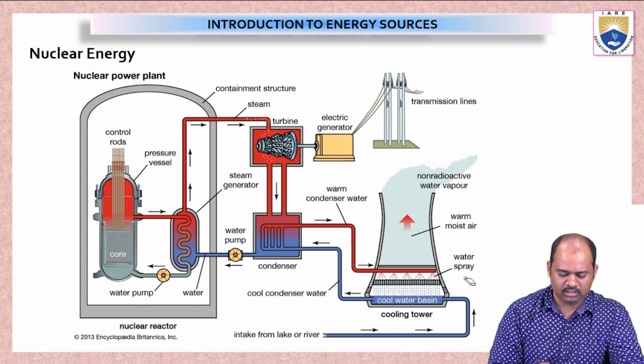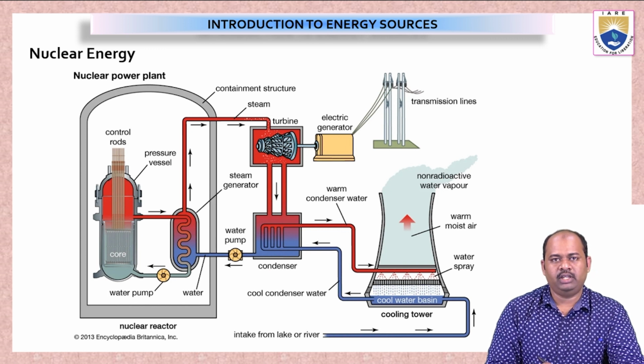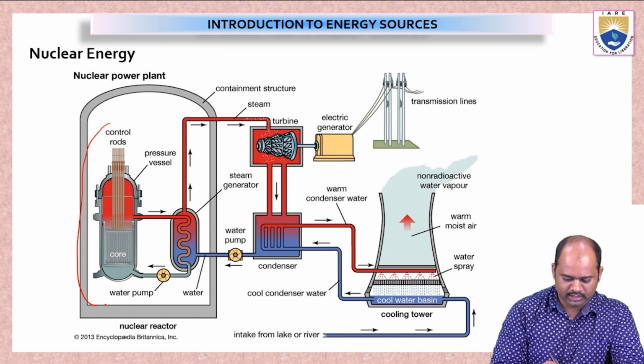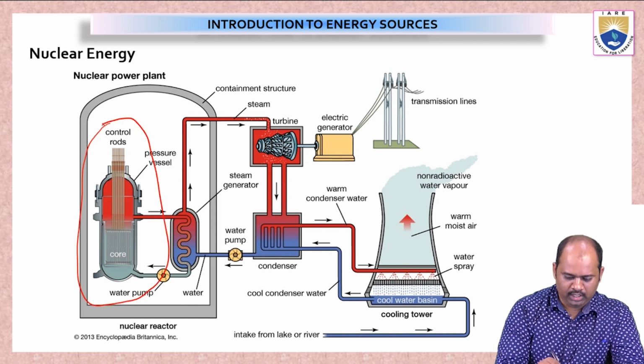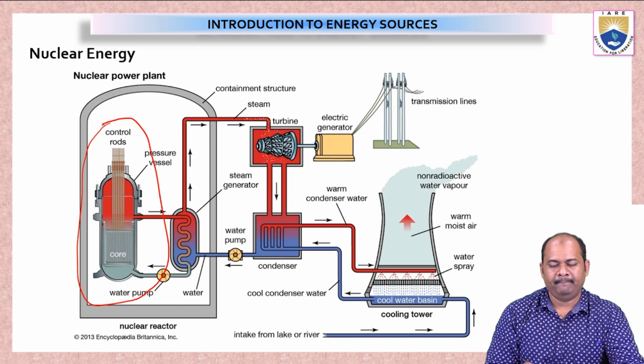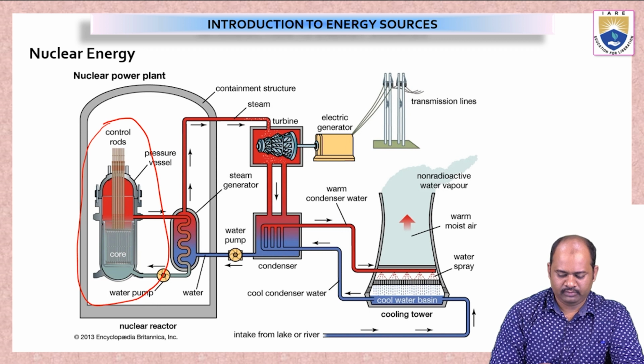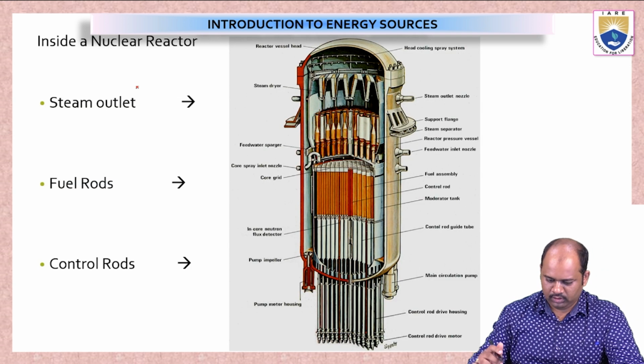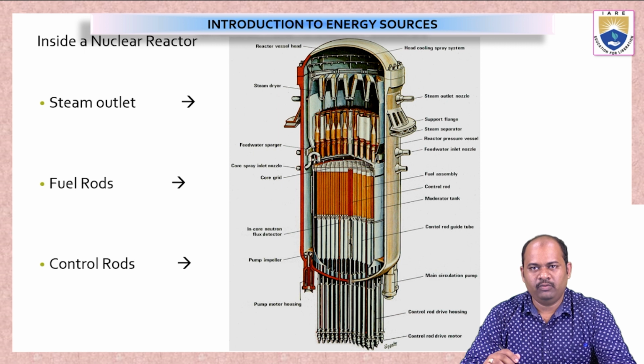In the first stage, inside the nuclear reactor, we have a device called the core. The core is where the nuclear chain reaction will take place. So we will study this entire core in detail. Now we'll see the core. So this is the core part where the chain reactions will take place.